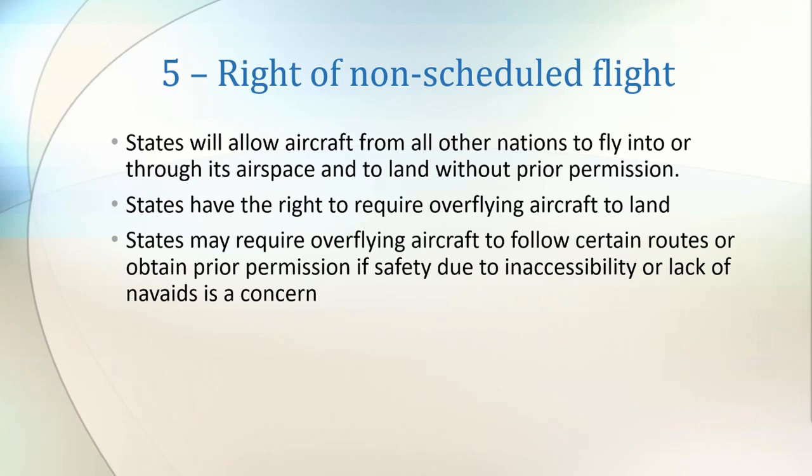The states being overflown are, however, permitted to require any overflying aircraft to land at one of their airports. Finally, if a state has hazardous areas, such as inaccessible mountainous areas, or areas with little or no navaids, they are permitted to require overflying aircraft to follow predefined routes over their territory, or to have to request special permission to fly outside of these routes.